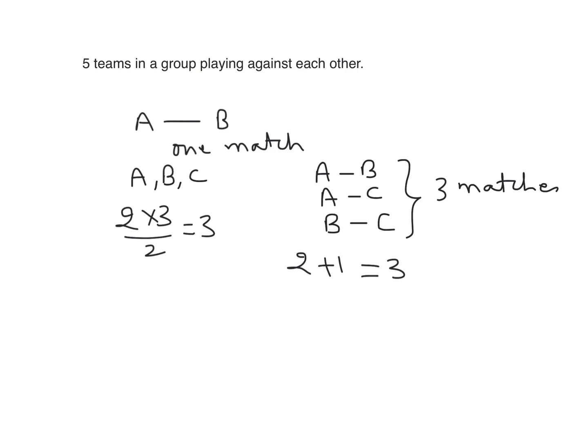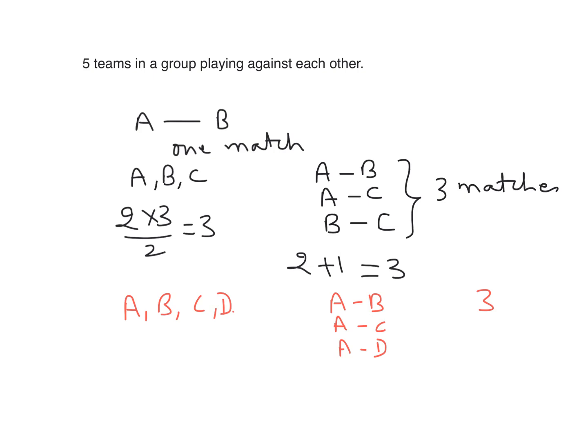Let us go further and see how many matches will be there if 4 teams are there in the group. So we have 4 teams, A, B, C, D. If we quickly apply this concept here, then A with B, then A with C, then A with D, that is 3 matches.